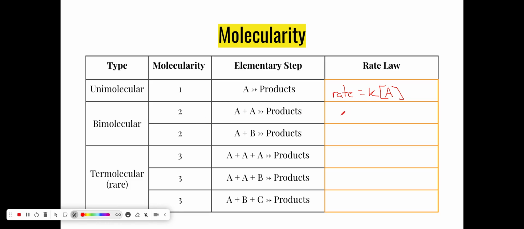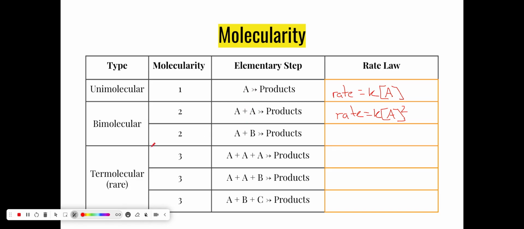Okay. Our next reaction is A plus A yields the products. So the rate is going to be the rate constant K times the concentration of A squared. And I'm squaring it because there are 2 reactants of A colliding. So that's why it's ultimately squared.